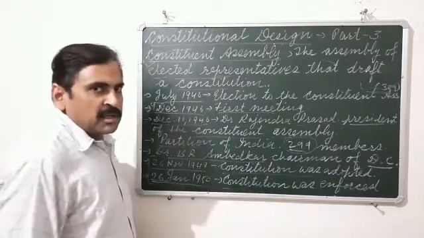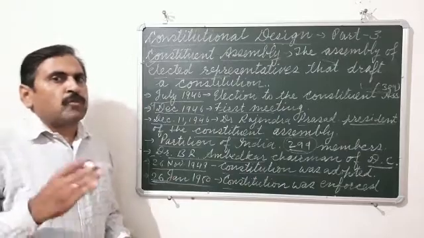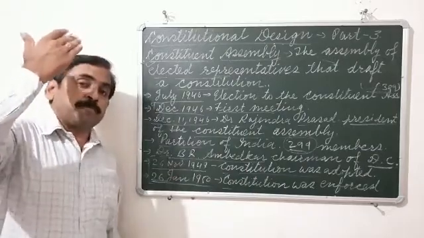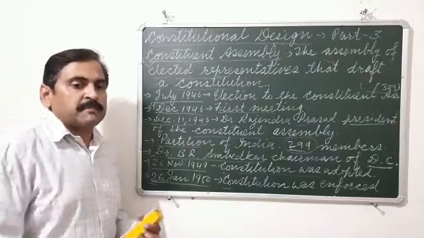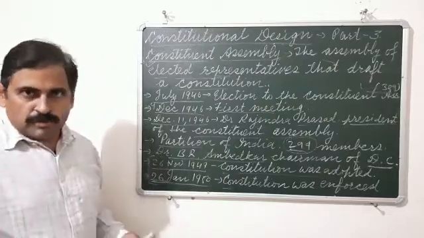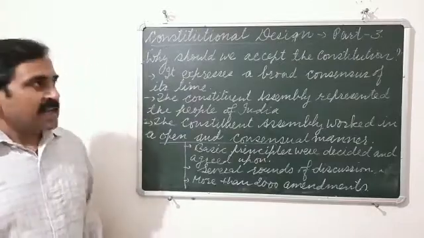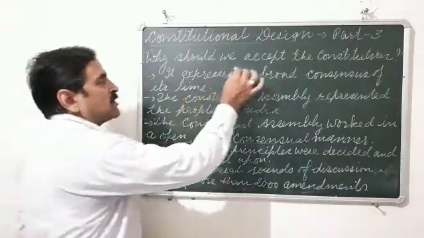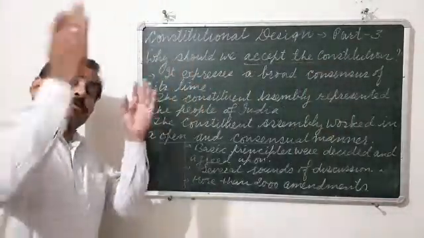Now let's see. The Constitution, which was formed so many years back and which we are still following, why do we accept it? Let's find out. Why should we accept the Constitution which was drafted so long back?